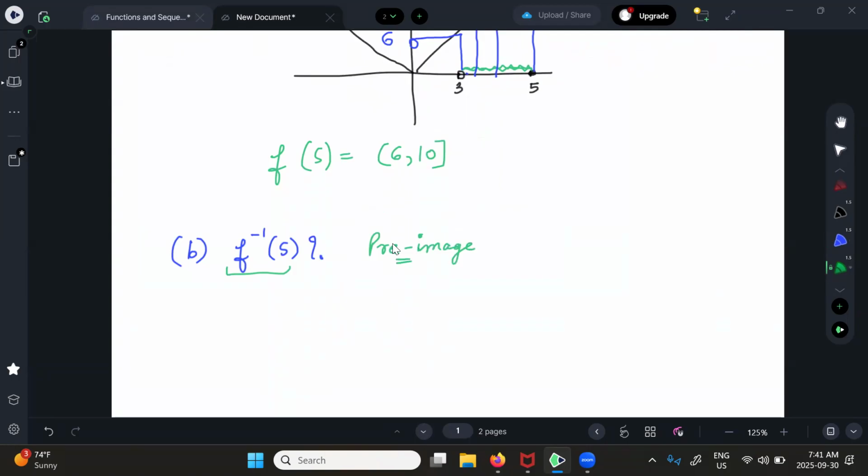Think of it like this: what values of X will give me 14? Can you tell me based on the question? F of X is 2 times the absolute value of X, same function. What values of X will give me 14? That's the question. This makes sense? Think of it as a singleton element. Can you tell me which values of X will give me 14?